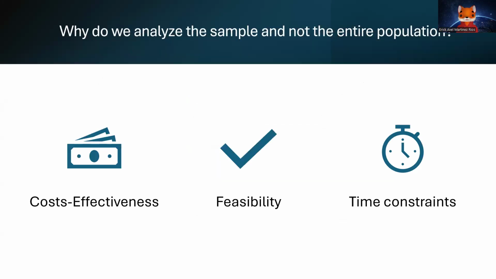And we always analyze samples and not the entire population because it is cost effective, it is feasible, and we can mitigate time constraints, since we don't need to analyze the whole universe of persons or things that we want to study.